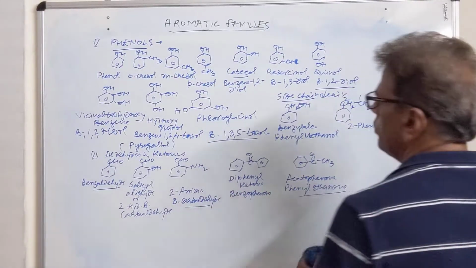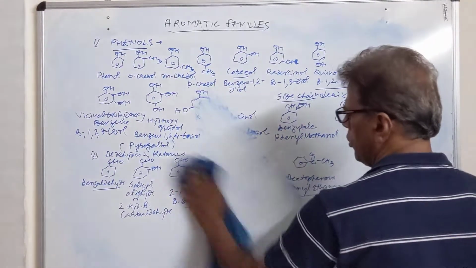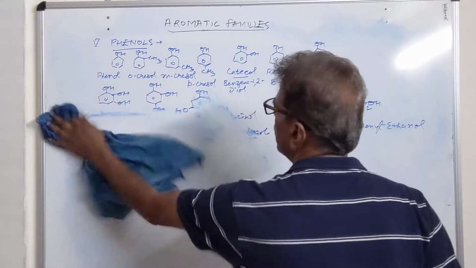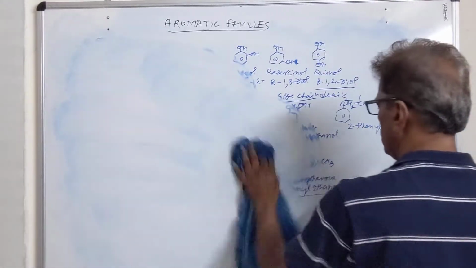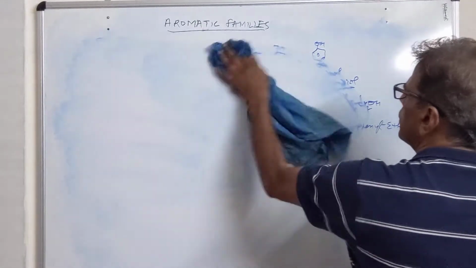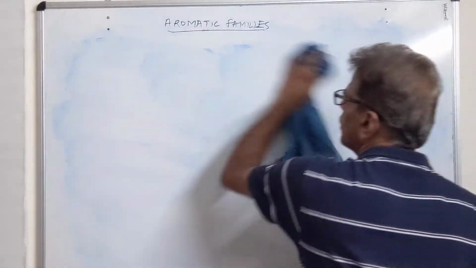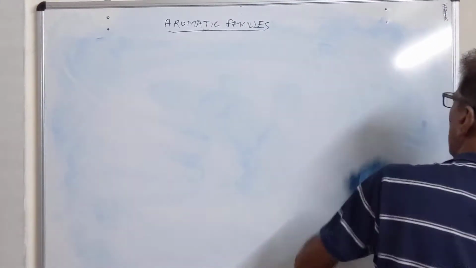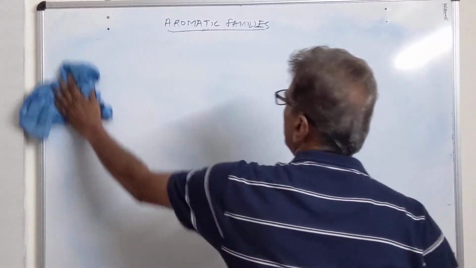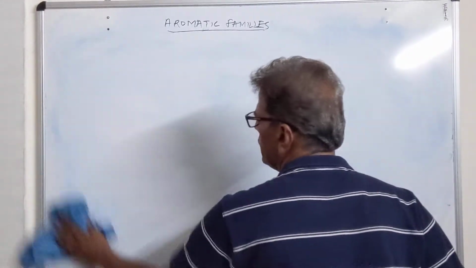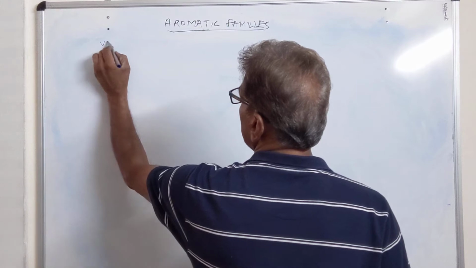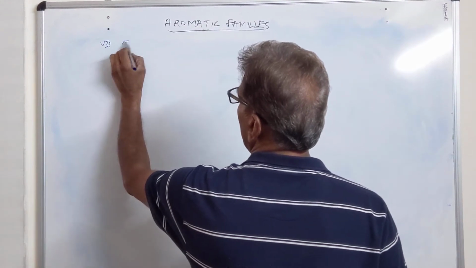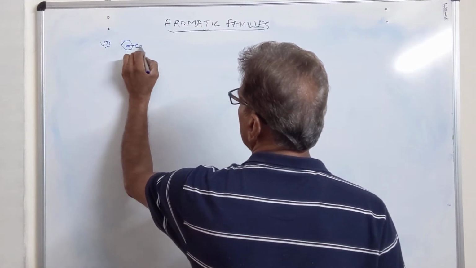Then we come to aromatic carboxylic acids. Aromatic carboxylic acids, they are having COOH group attached directly to benzene ring. So this is our 7th family, aromatic carboxylic acids.